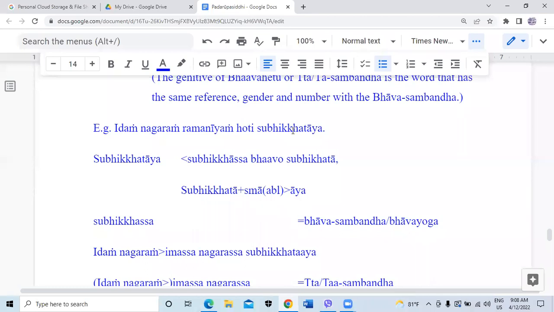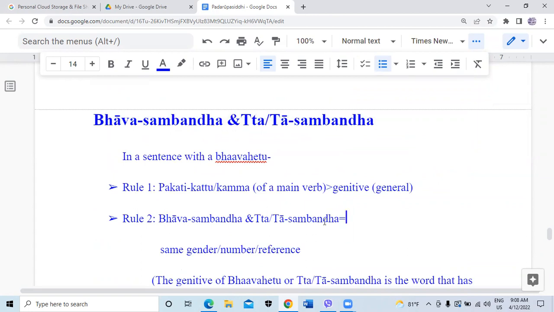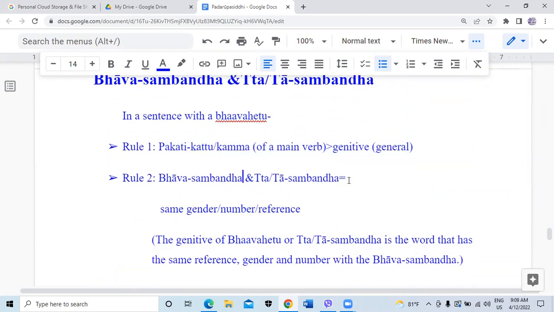So that's why it's difficult to find its gender and number also. That's why this is relatively difficult in comparison with this rule 1. That's why Asian Sayadaw created this maxim. This rule is always correct.